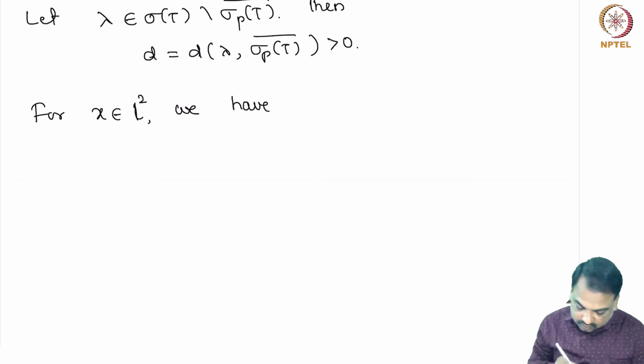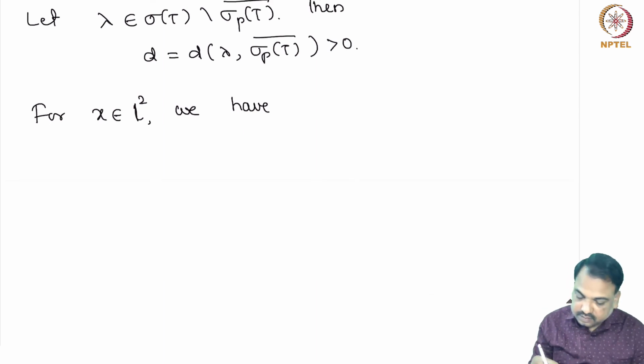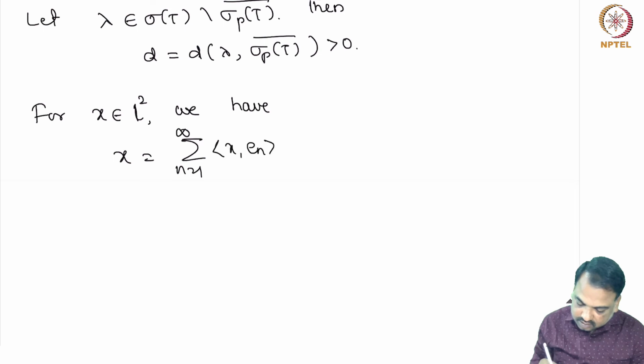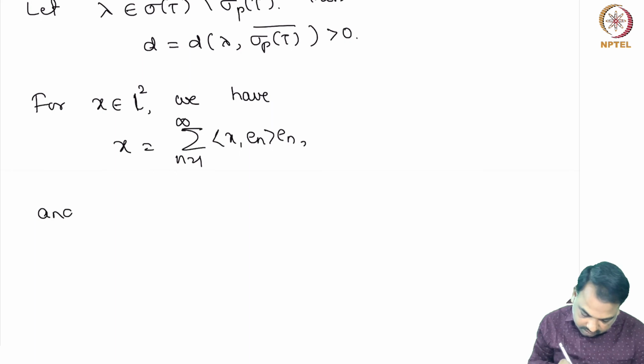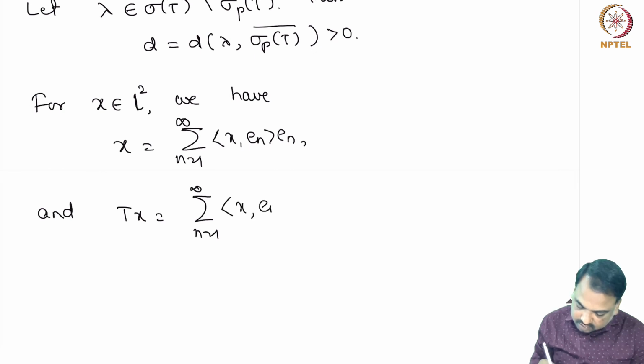Now for any x in H, in this case L2, if you look at the square of the norm of (T minus lambda I) acting on x, the square of the norm of (T minus lambda I)x, we can write down Tx. So for x in L2 we can write x as the summation n equal to 1 to infinity of the inner product of x with en, times en, and from this we can say that Tx is the summation n equal to 1 to infinity of lambda n times the inner product of x with en, times en.